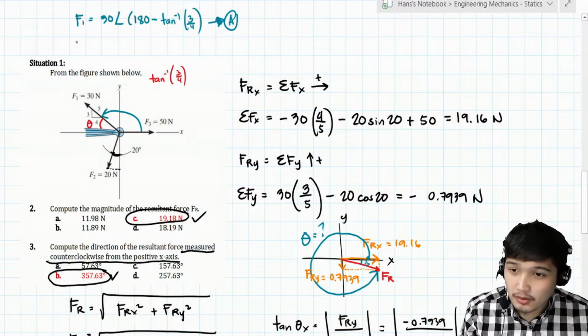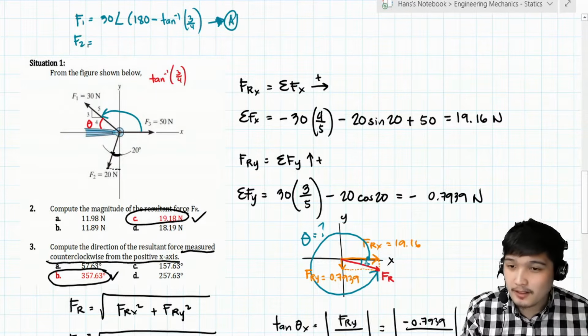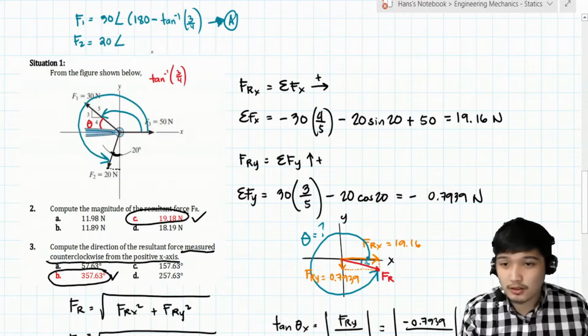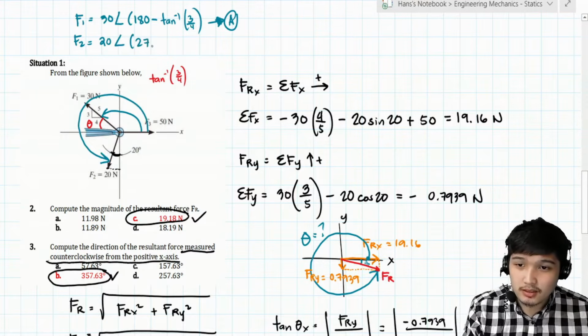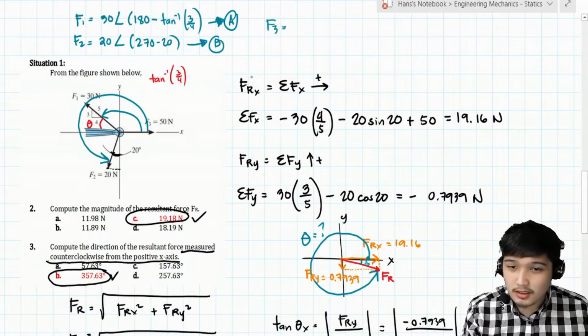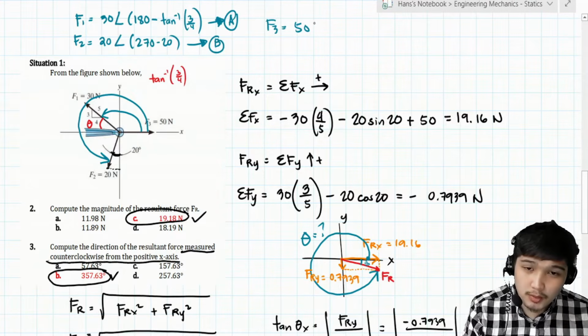So, paano yung F2 susulat, class? So, magnitude 20 angle. So, pag ganito naman yon. So, that is 270 minus 20, no? 270 minus 20 stored sa B. And then yung F3, so, paano susulat yan? So, 50, completely horizontal.